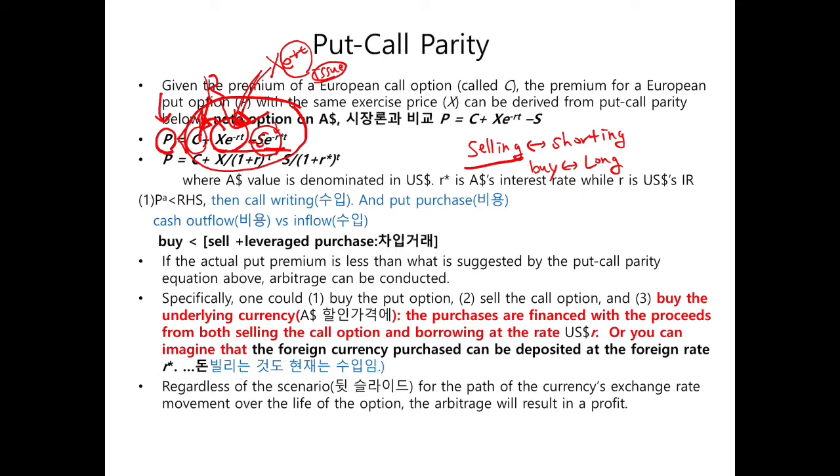You can spend a little less money. Once you bought Australian dollar, you don't take that immediately into your pocket. Instead, you will put it in a bank deposit account. And the deposit account will give you this R-star interest rate until maturity. So if you want to get $1 million after a year, a 0.9 million US dollar deposit will be enough if you consider a 10% interest rate.